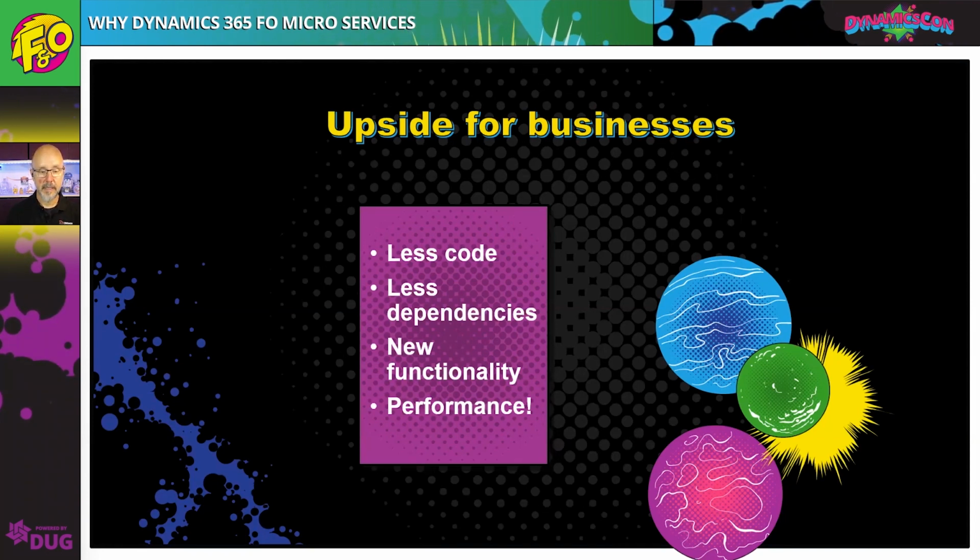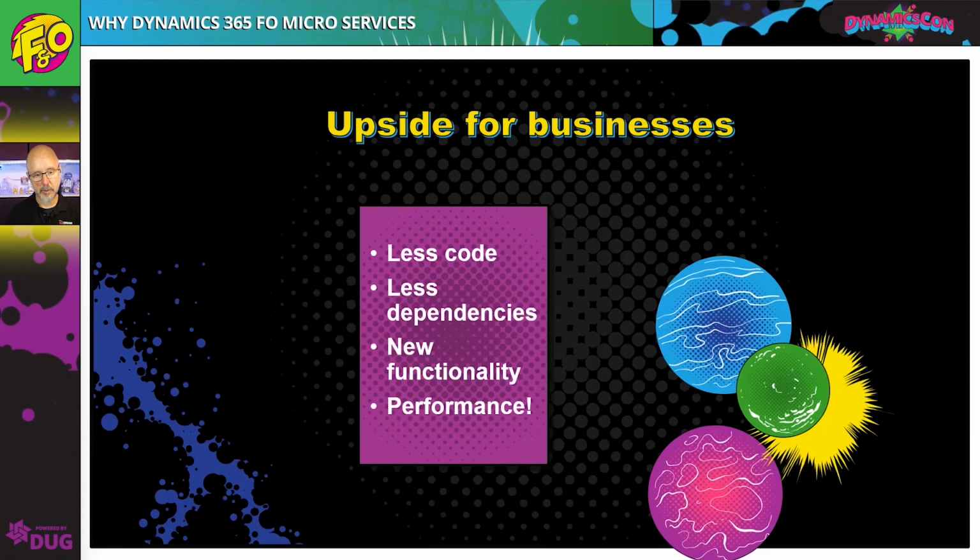And that's a good thing, because that means that if we do a change, other things are less likely to break. New functionality: Microsoft will be delivering more of these microservices, which means that the product in itself will become better, faster, because we move the performance out of Dynamics.